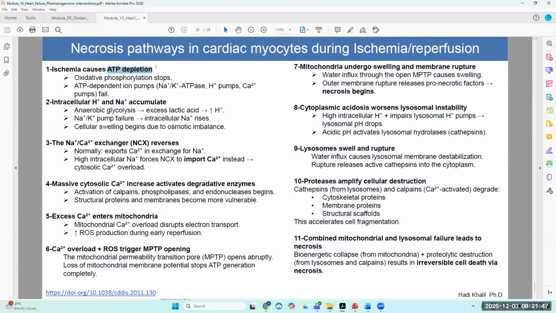Depletion of ATP. This is a word I'm looking at. Accumulation of sodium and hydrogen. The reverse exchanger. Calcium entry. Calcium affecting the function of the mitochondria. So if you list just those words, you would get the full point on that.